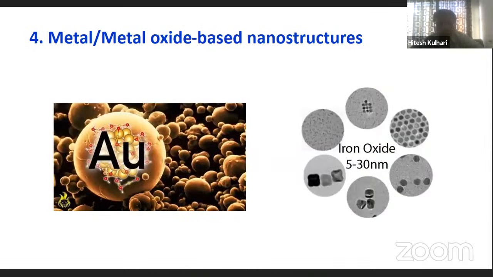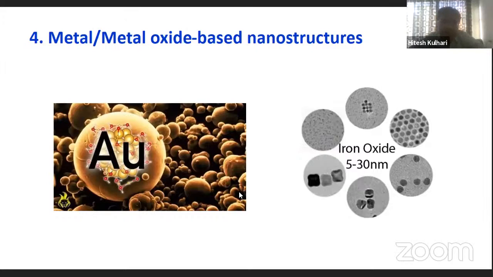Next is the metal and metal oxide nanoparticles. We can convert some metals, like platinum, gold, silver, and zinc, into nanoparticles. Some oxides like iron oxide and manganese oxide can also be converted into nanostructures. Here is an iron oxide nanoparticle with 5 to 30 nanometer size. Various sizes of iron oxide nanoparticles and gold nanoparticles are there.